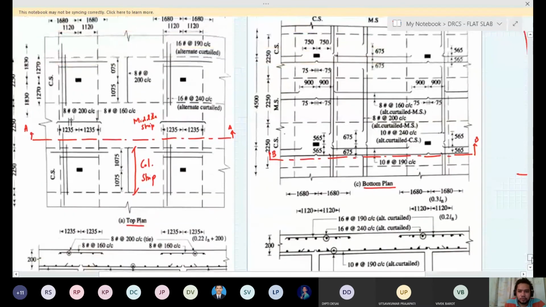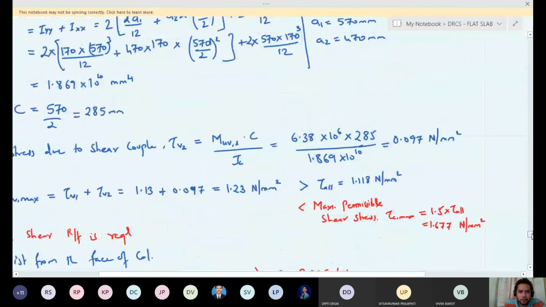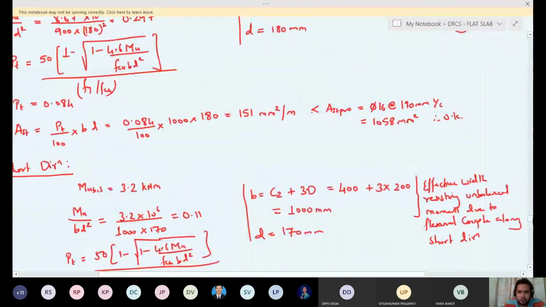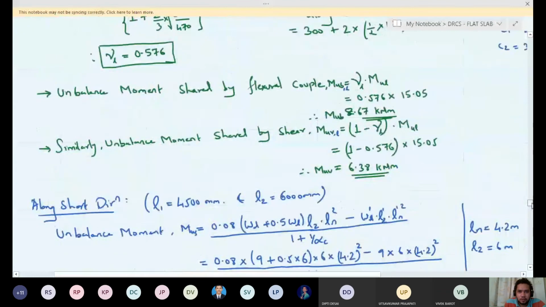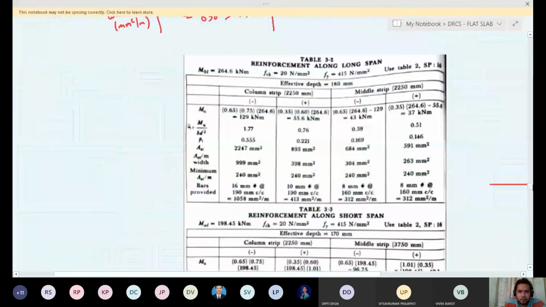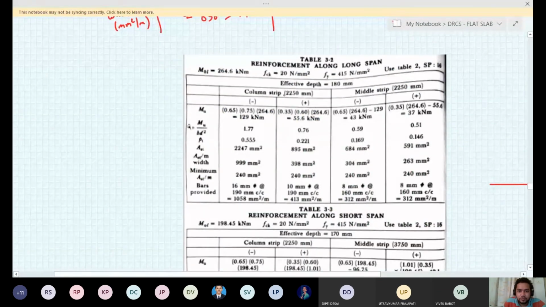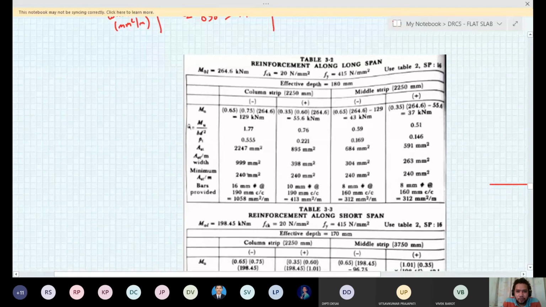Okay, now if you go through our example, we have provided in the column strip the negative reinforcement as 16 dia 190 center to center. Okay, so this will be in the top plan, and this will be in the bottom plan, 10 dia 190 center to center.